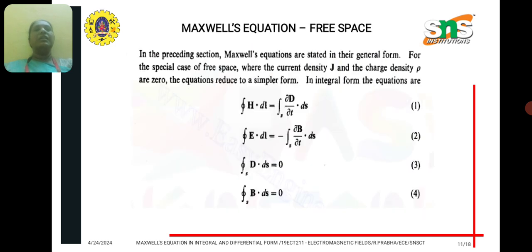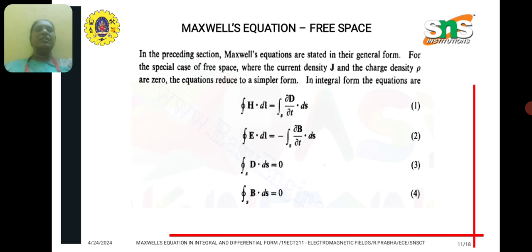Maxwell's four equations in free space in integral form can be written as: integral of H dot dl is equal to the surface integral of dou D by dou t dot dS; second, integral of E dot dl is equal to minus dou B by dou t dot dS; third, D dot dS equal to 0; and the fourth, B dot dS equal to 0.